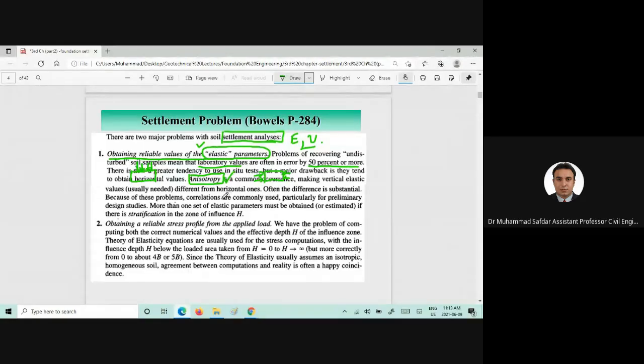So that is known as anisotropy in the soil, and soils are basically anisotropic in nature.